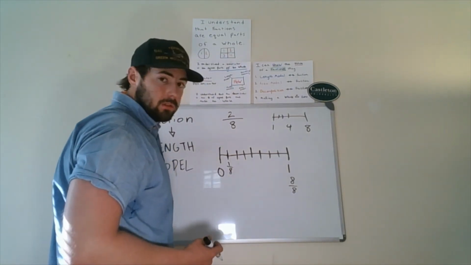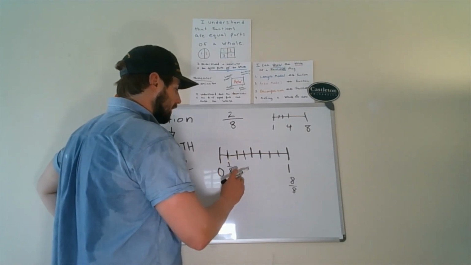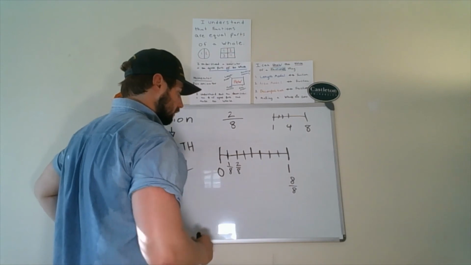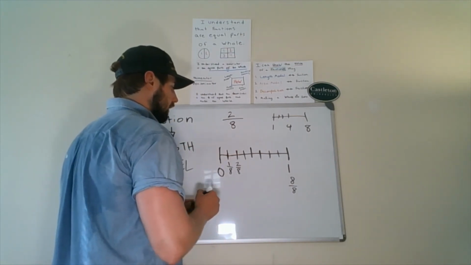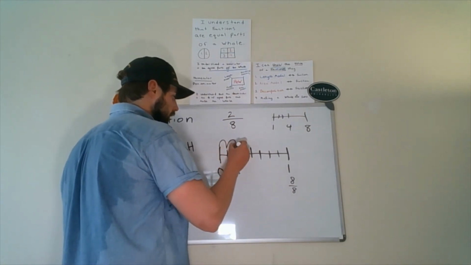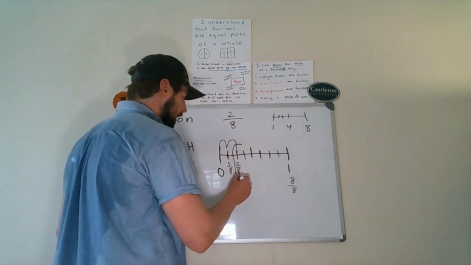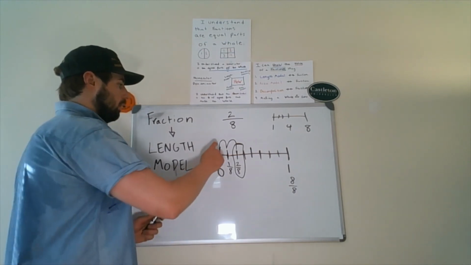How many more eighths do I need? If I have 1/8, I need to make how many more eighths? 1 more eighth. So, 2 eighths on a length model, I would need 1, 2. I would represent on my length model 2 eighths right there. 1, 2.